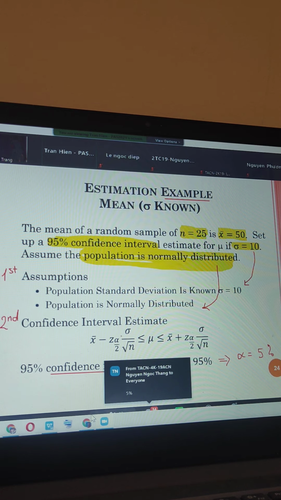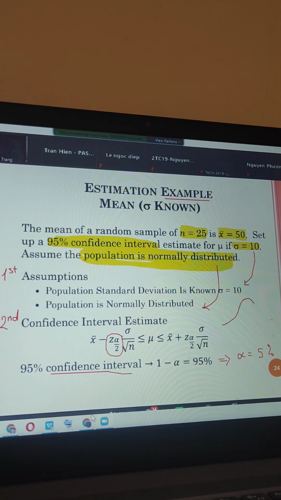So we would like to find that value, right? 5% means 2.5% from the left and 2.5% from the right. So you have to find that value, z alpha over 2 or minus z alpha over 2. Right now I will give you time to search for the values.